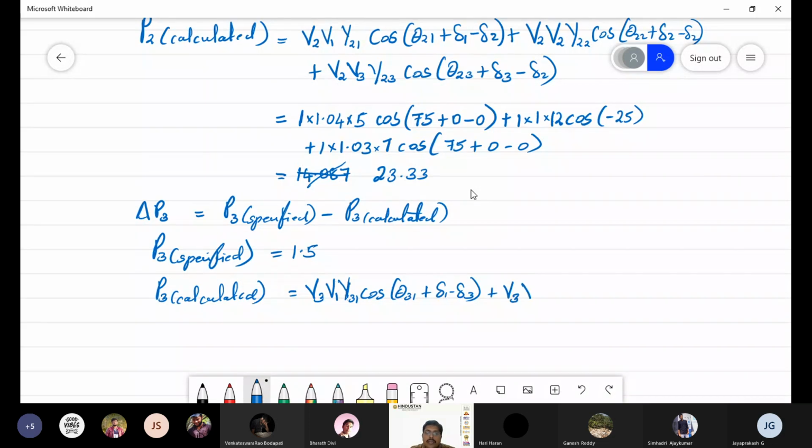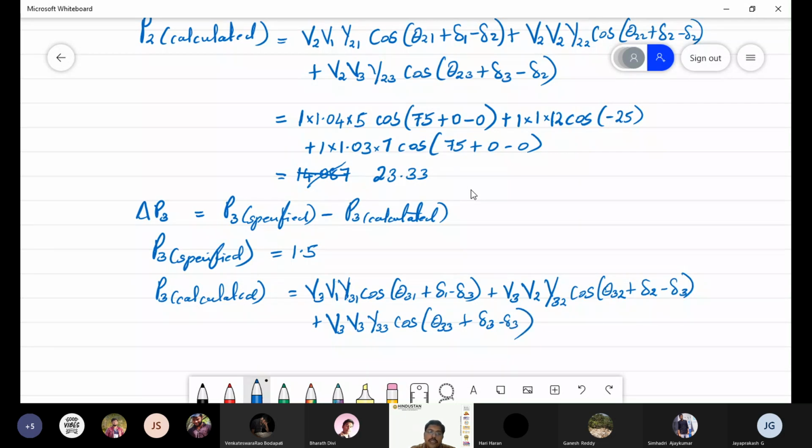And similarly Vi, Vj, that is Y32 cos theta 32 plus del j is 2 minus 3, plus V3 into V3 Y33 cos of theta 33 plus, del j is 3 and this is also 3.